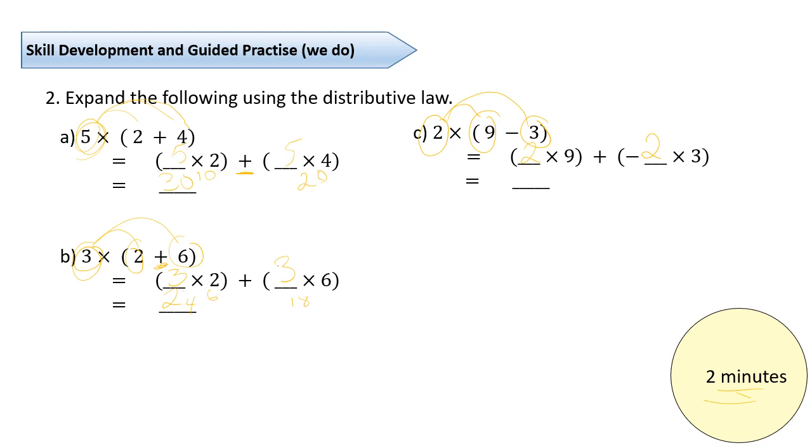So we have 2 times 9 is 18. And then we have minus 2 times 3 is 6. So basically it is 18 plus negative 6, which is the same as subtract 6. Now, either way, if you like to put your subtract in there, fantastic. If you like to have your subtract in place of that addition there, like we were doing in the previous slide, that works too.